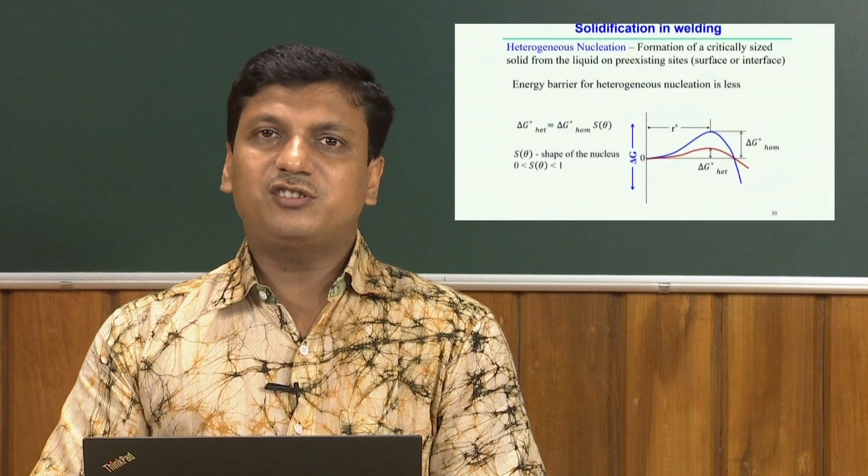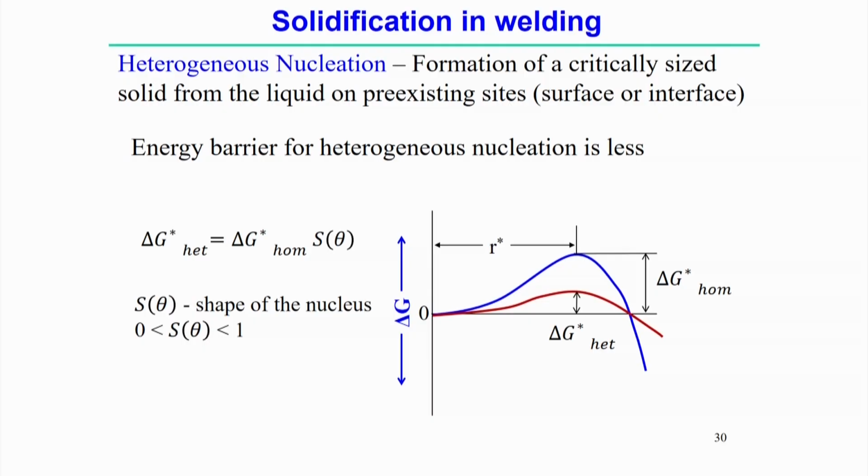Now, heterogeneous nucleation is also the formation of a critically sized solid from the liquid, but that formation of the critically sized nucleus happens from pre-existing sites, in the presence of any surface or interface.